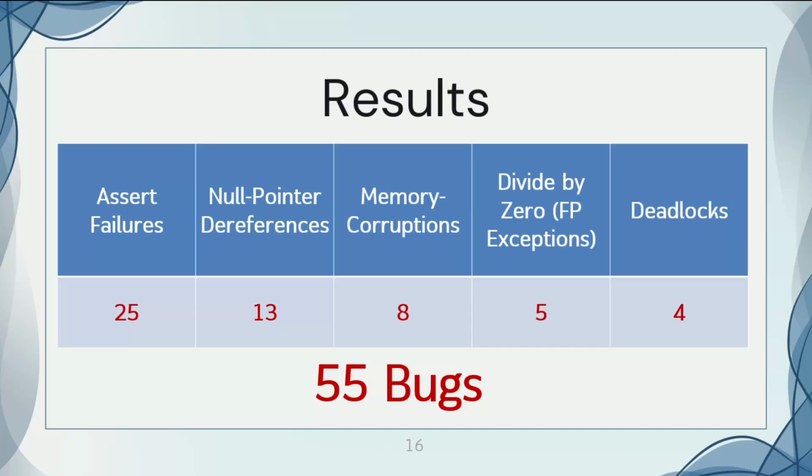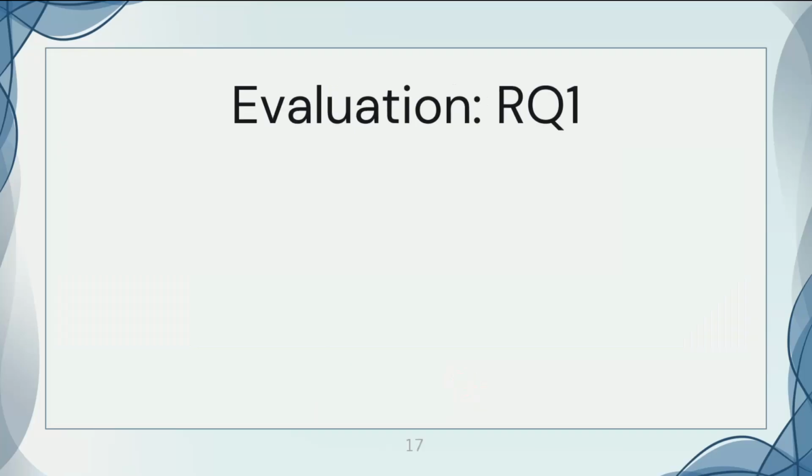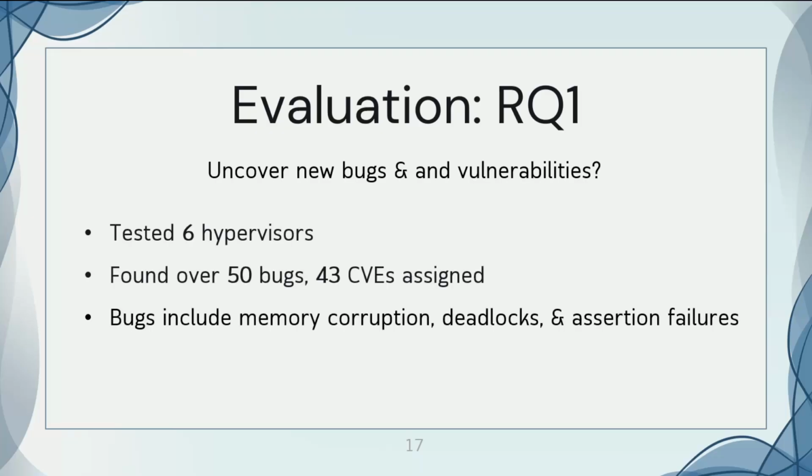After finding these 55 bugs, in the evaluation of their paper, they go off of 4 research questions that they want to answer. And the first research question they have is, did Hypercube uncover new bugs and new vulnerabilities? And it did.